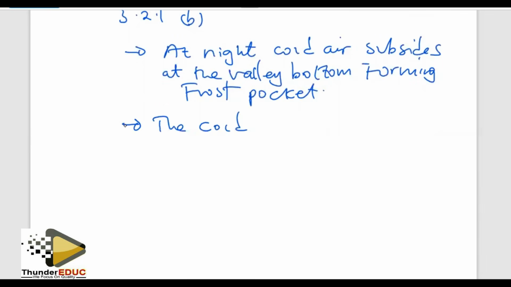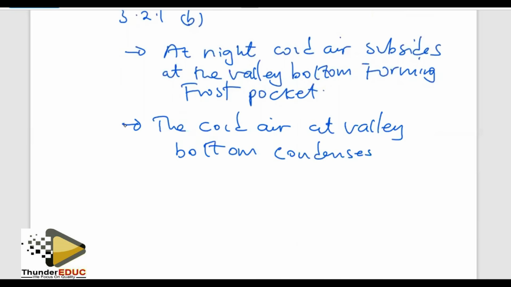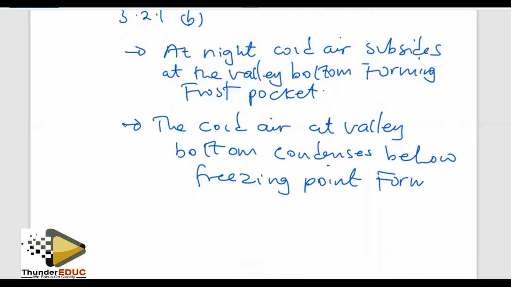The cold air at valley bottom condenses below freezing point, forming the fog.